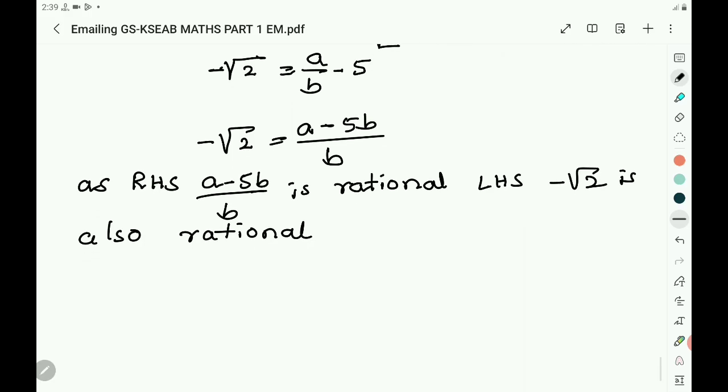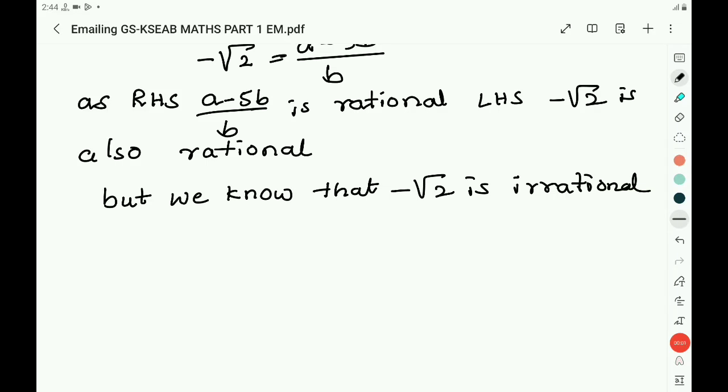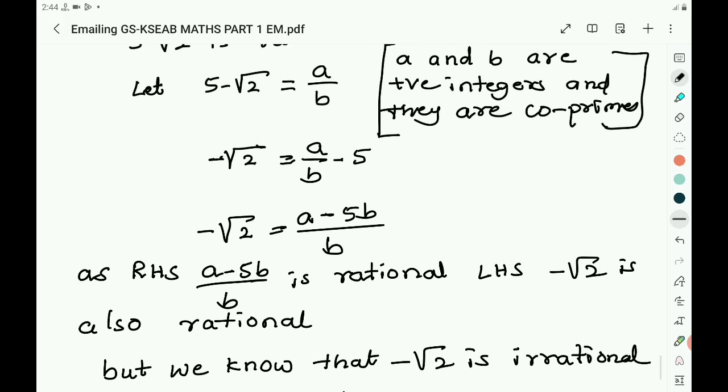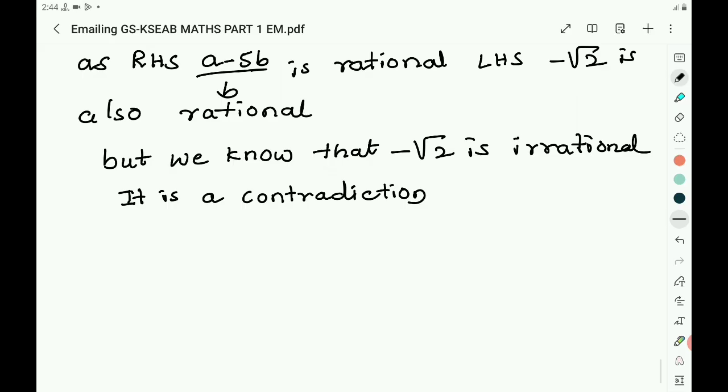But we know that minus root 2 is irrational. It is a contradiction. This contradiction arises due to our wrong assumption that 5 minus root 2 is rational.